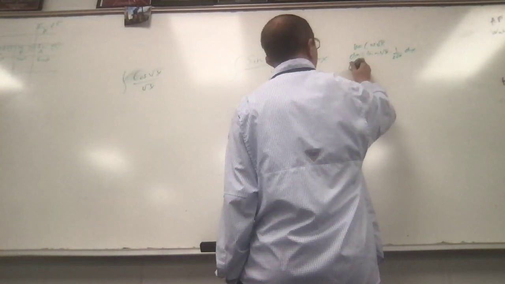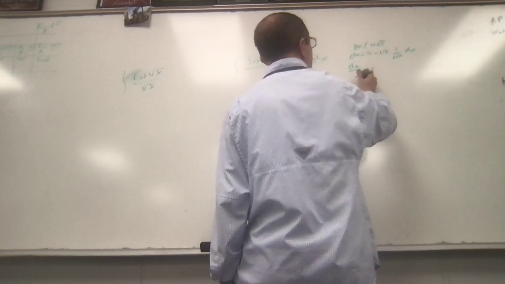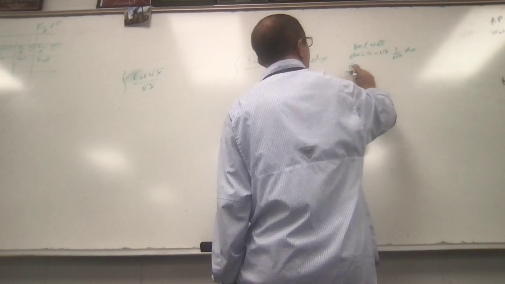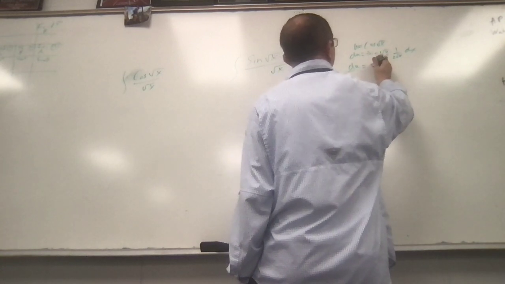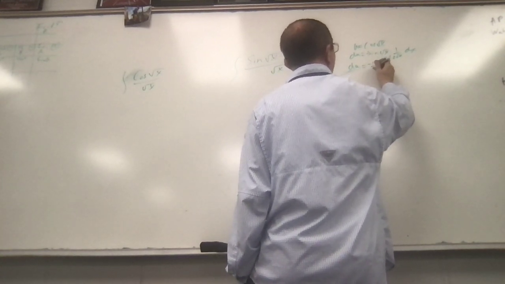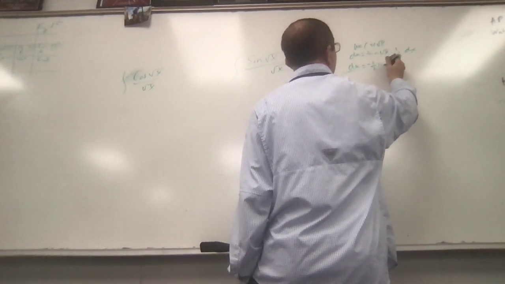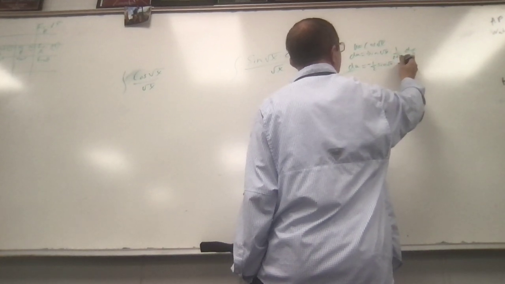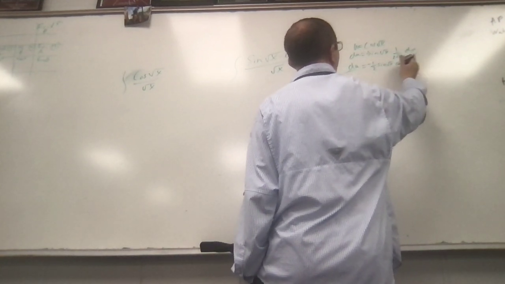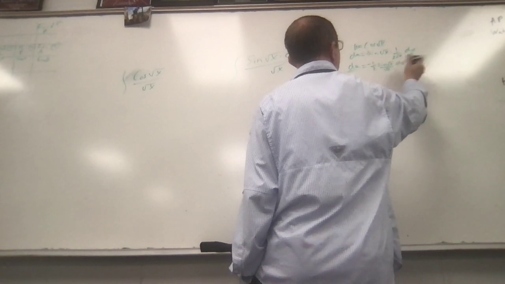I could do this in one step, but I'm not. I'm going to let du equal negative 1/2 of the sine of the square root of x over the square root of x dx.